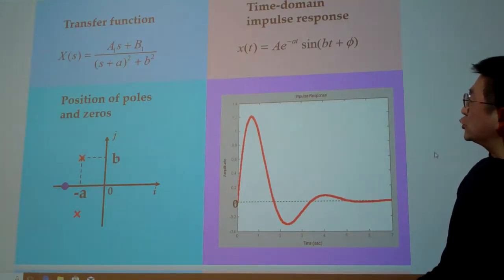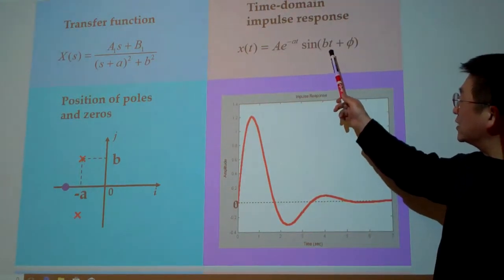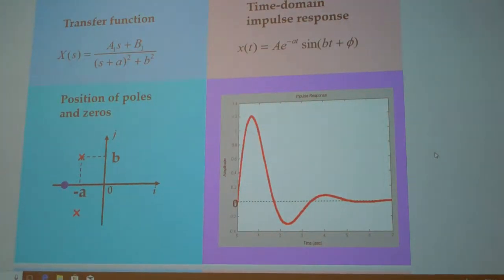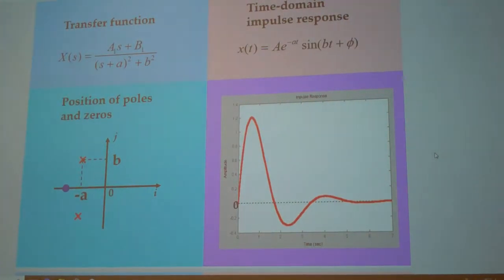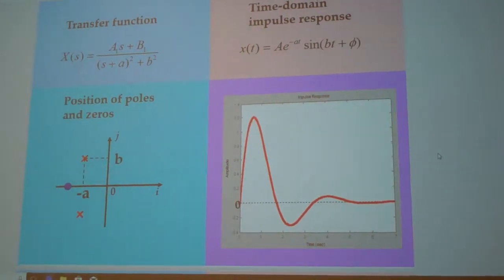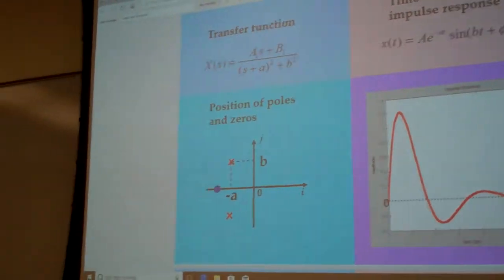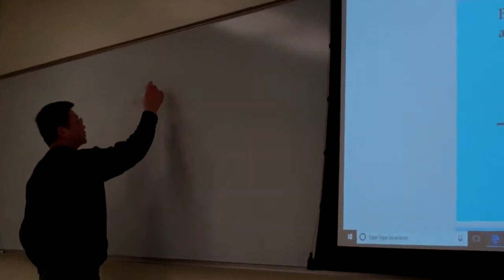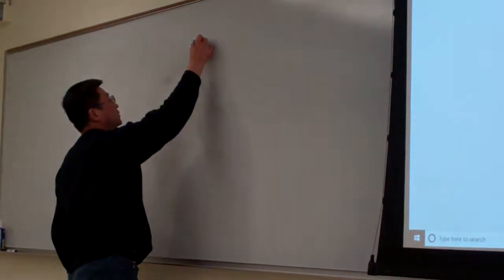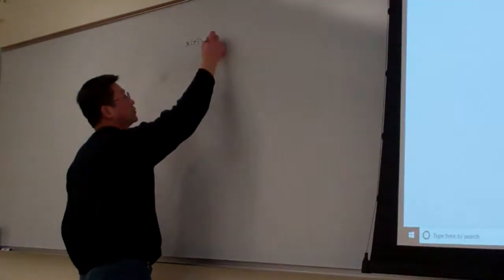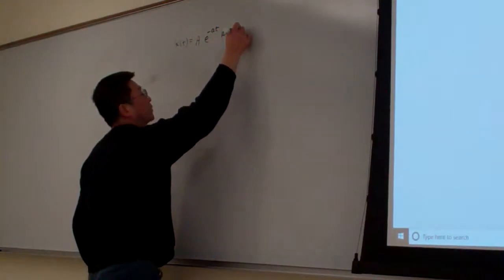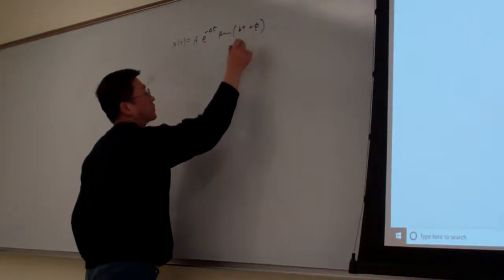So let me show the general response. Let me try to draw it here. So for the response, something like x of t equals a, that is the magnitude, times e to the minus a t, times sine of b t plus phi.